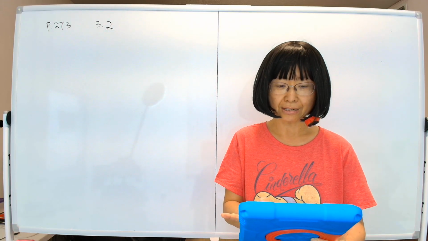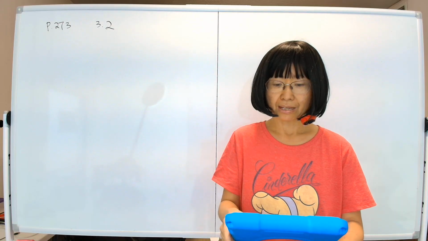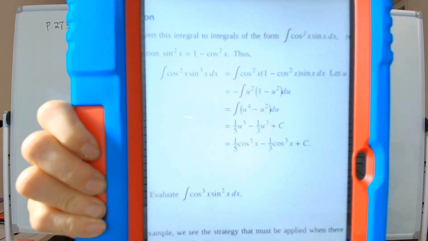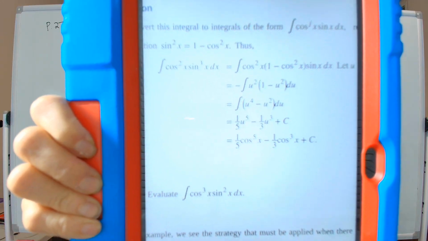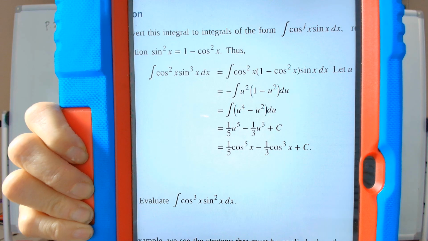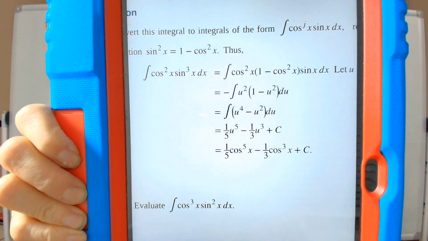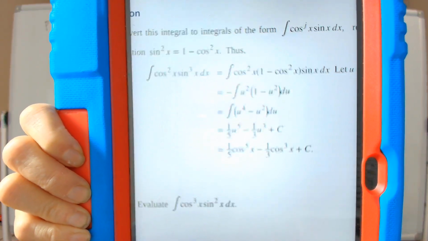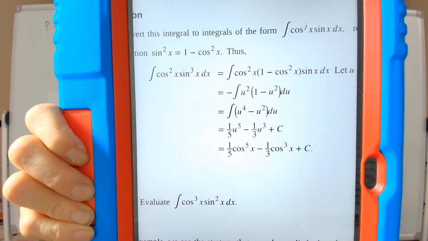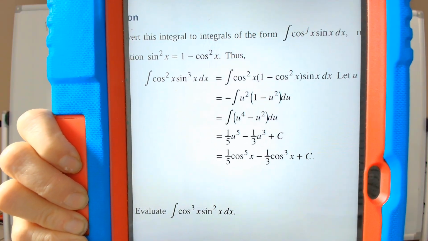Instead of sine cubed, you have the original cosine squared, and then you have sine squared. From sine cubed, you take out one sine squared and change it to 1 minus cosine squared by the Pythagorean theorem, and then leave one sine x left.